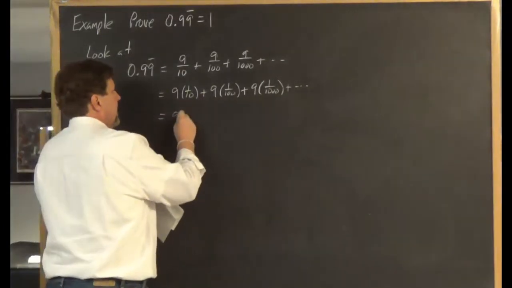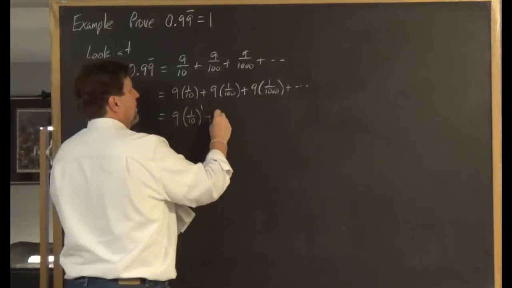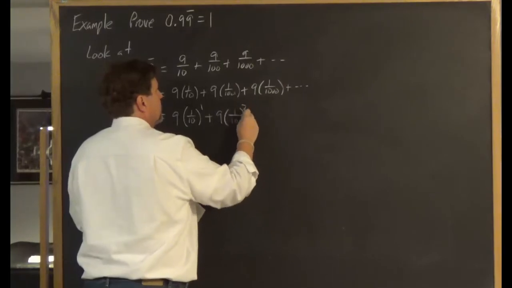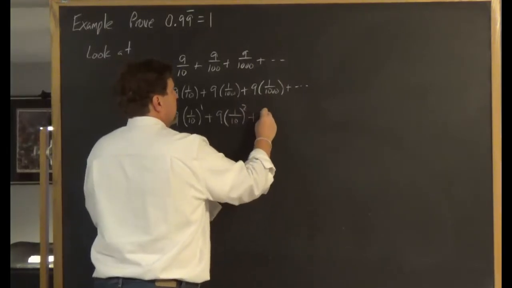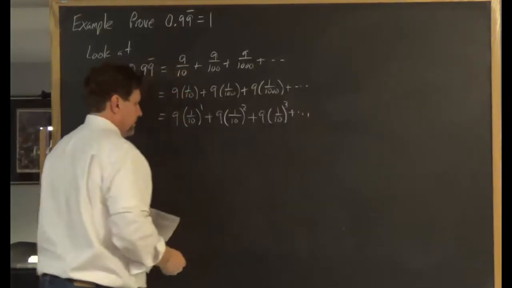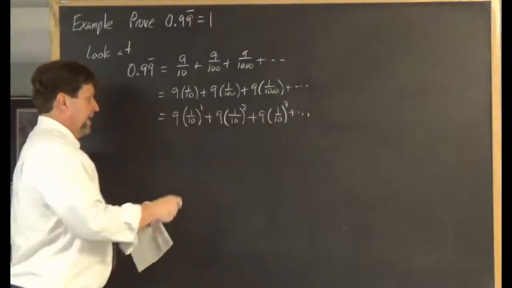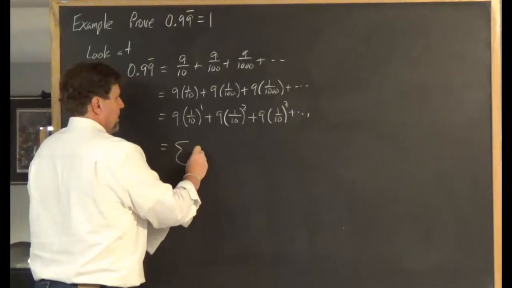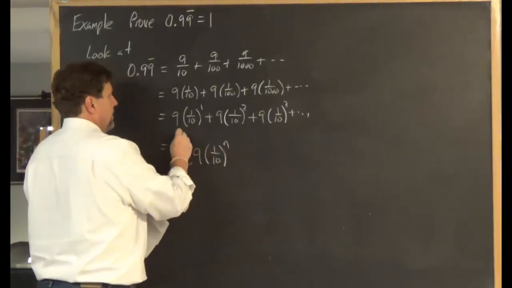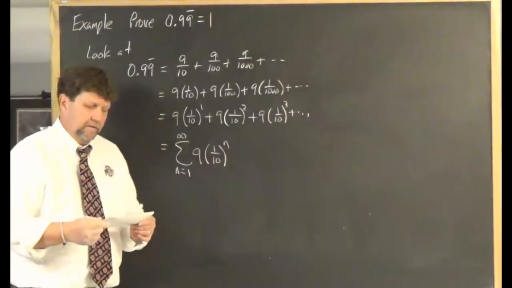We could write this as 1/10 to the first power, 1/100 is 1/10 squared, 1/1,000 is 1/10 cubed. It's a geometric series. In fact, it's the series of 9 times 1/10 to the n, where n starts at 1.